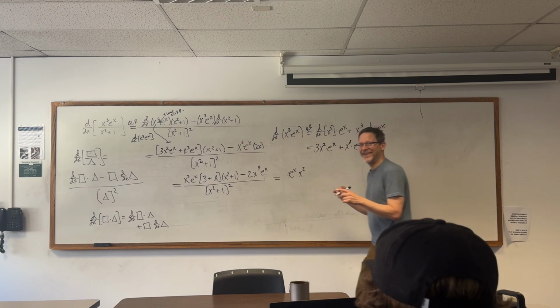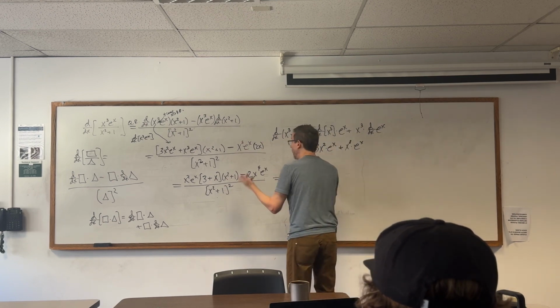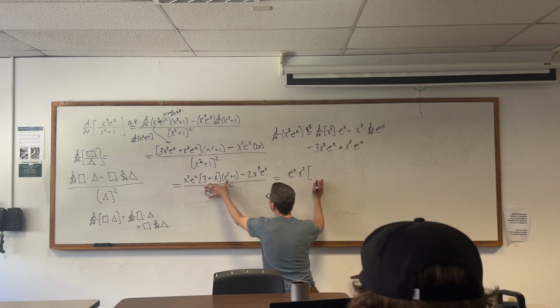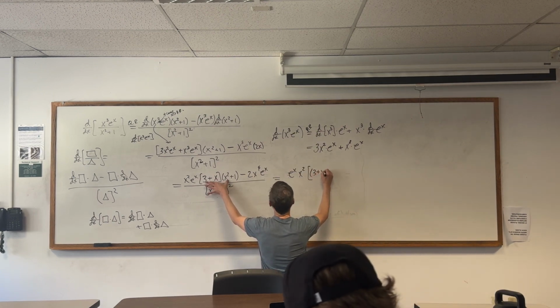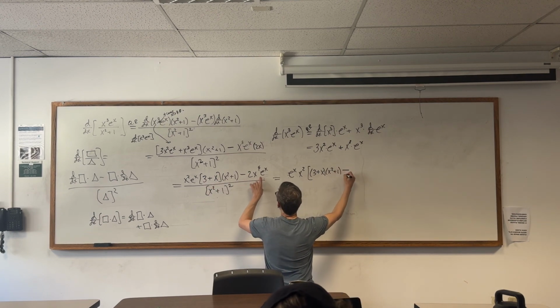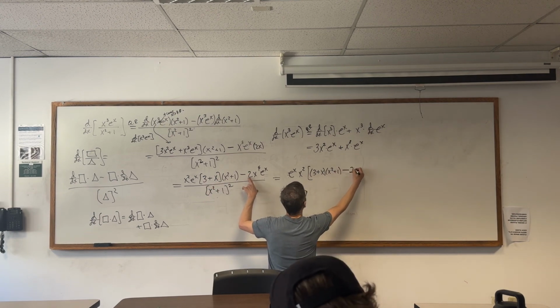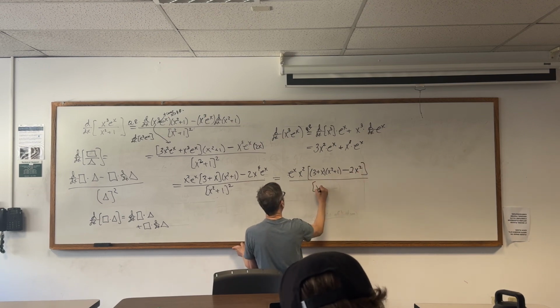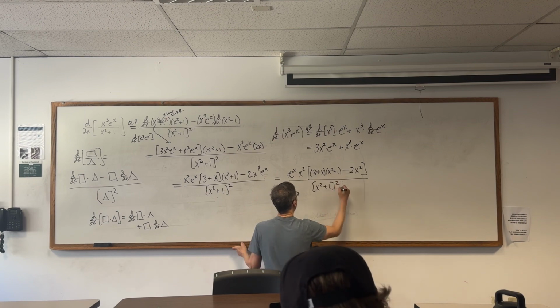So now I can pull that out. I think that's about it. So then I'm left with 3 plus x times x squared plus 1 minus 2 and an x squared, all over x squared plus 1 squared.